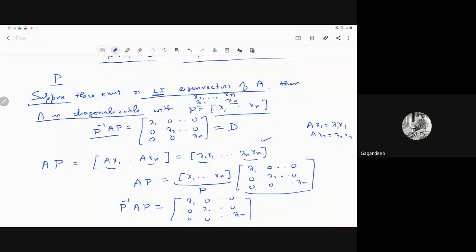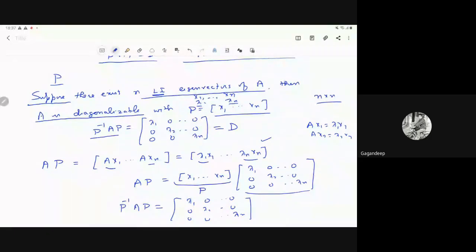What is the condition for diagonalization? The matrix should have n linearly independent eigenvectors, where n is the order of the matrix n cross n.